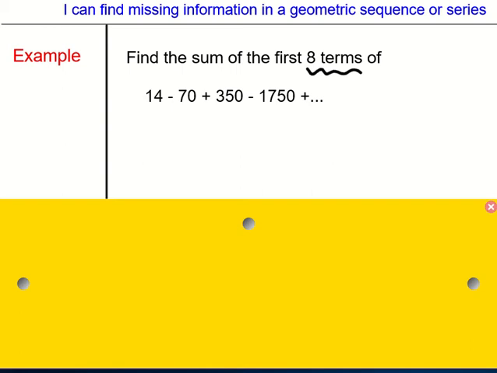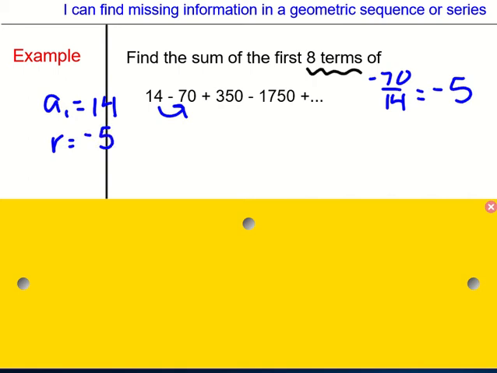So we need to find our first term, which is 14, and our ratio. We take negative 70 and divide it by 14, which gives us negative 5. So our r is negative 5.